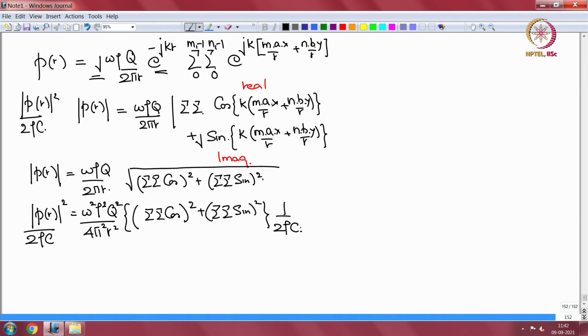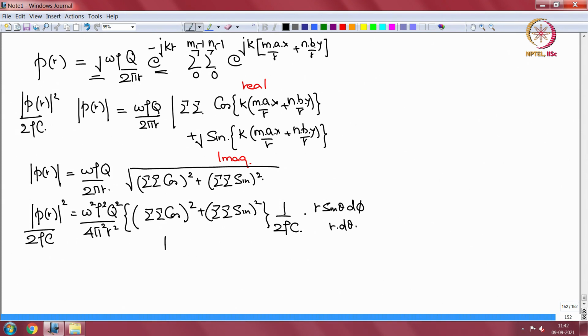That is my intensity. And we have to multiply by r sine theta d phi r d theta in spherical coordinates.